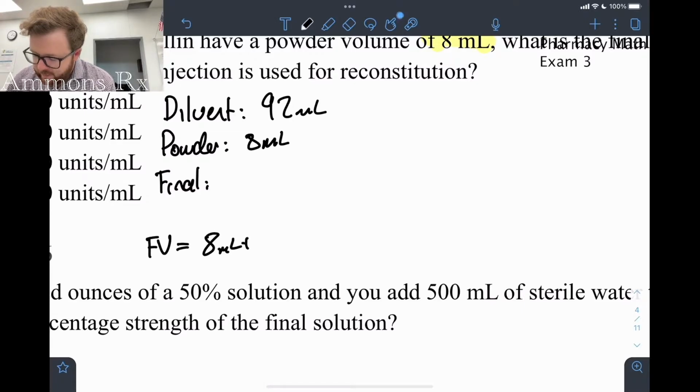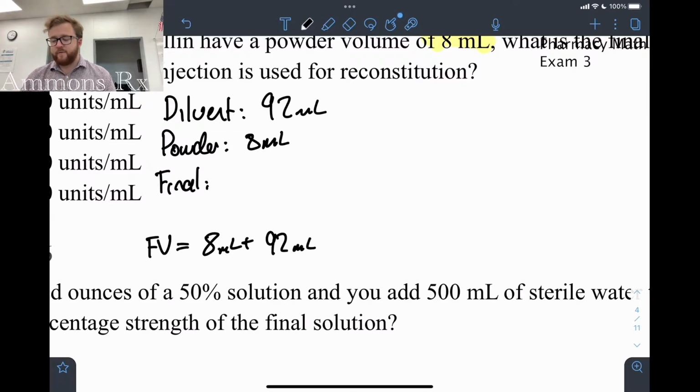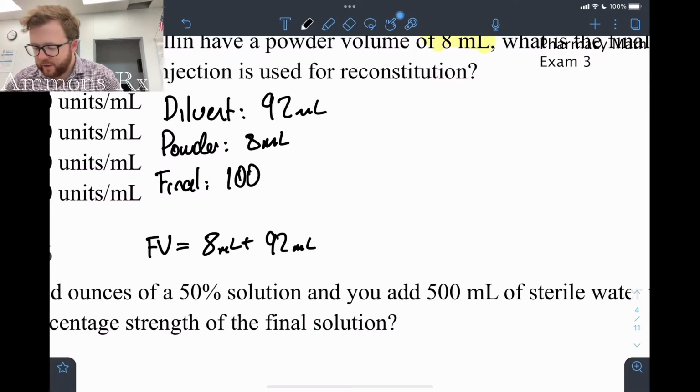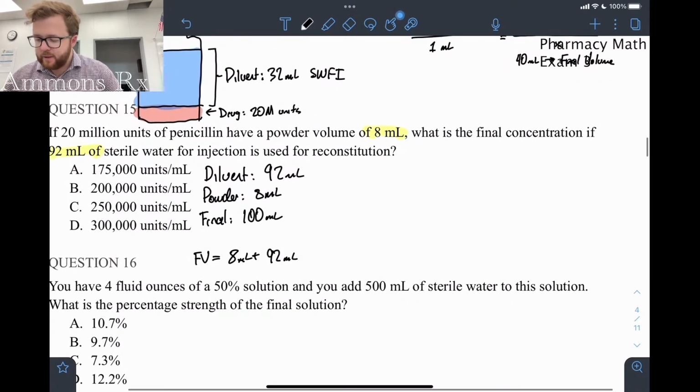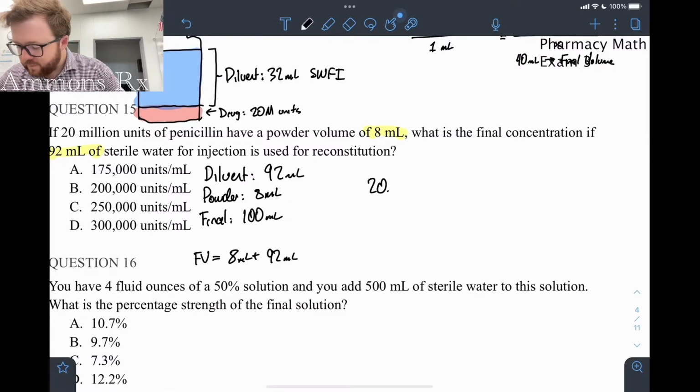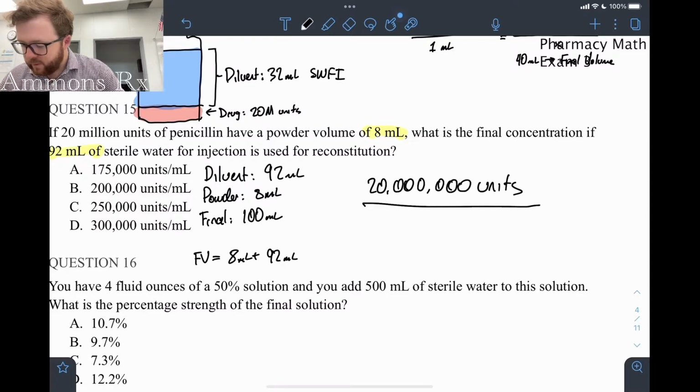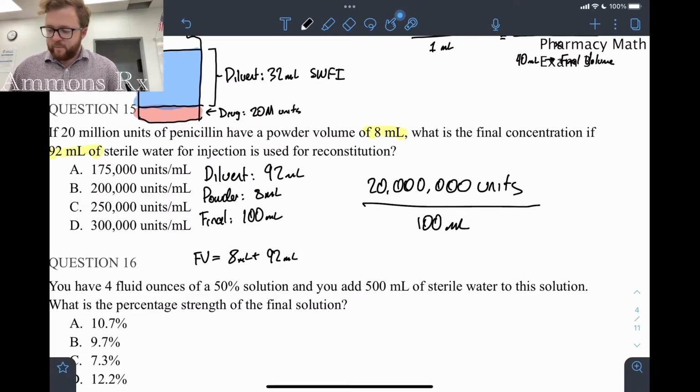Yes, we have 8, and we have DV, 92. So FV has to equal 100 mils, okay? So our final volume, the entire thing mixed up together, is 100 mils. And how many units do we have? 20 million over 100 mils.